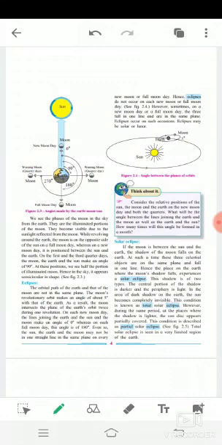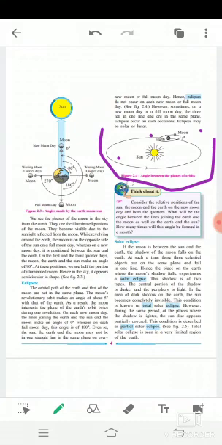Now here is the example and the diagram given here. This is the sun, earth and moon. They are in sequence: sun, earth and moon. Angle between the planes of orbits. Now, solar eclipse.